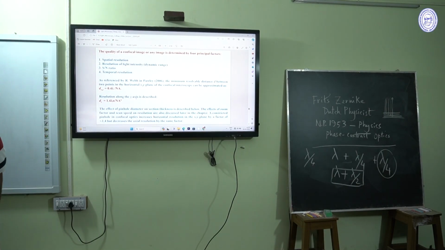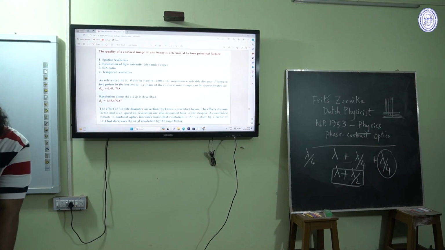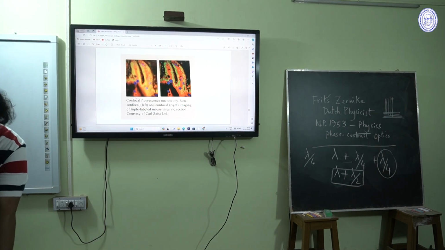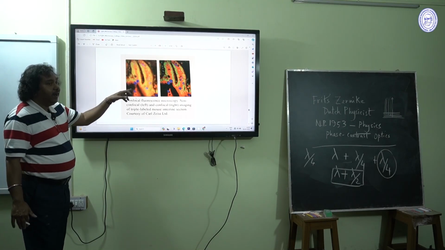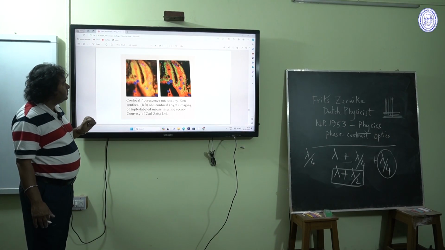The quality of confocal images can be determined by four principal factors: spatial resolution, resolution of light intensity, that is dynamic range, signal-to-noise ratio, and temporal resolution. Please try to understand. This is the image taken with a conventional fluorescent microscope.